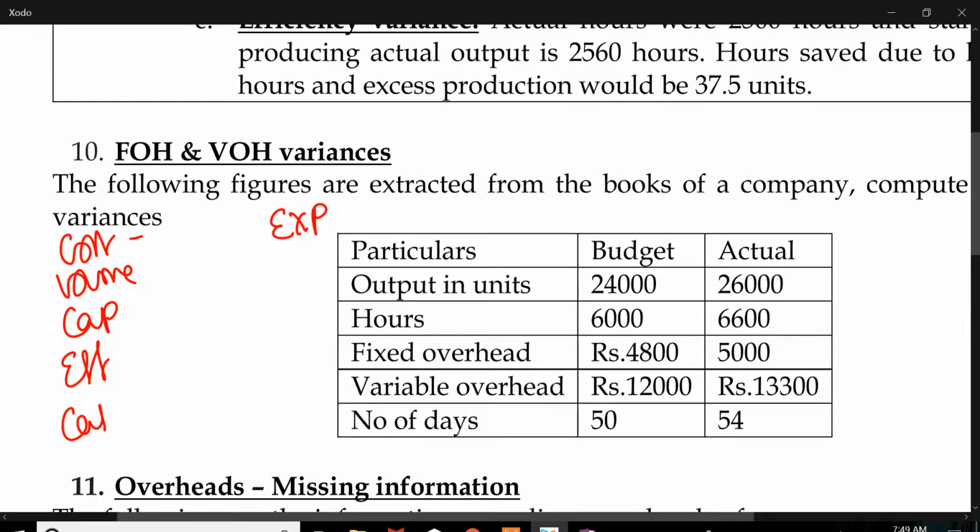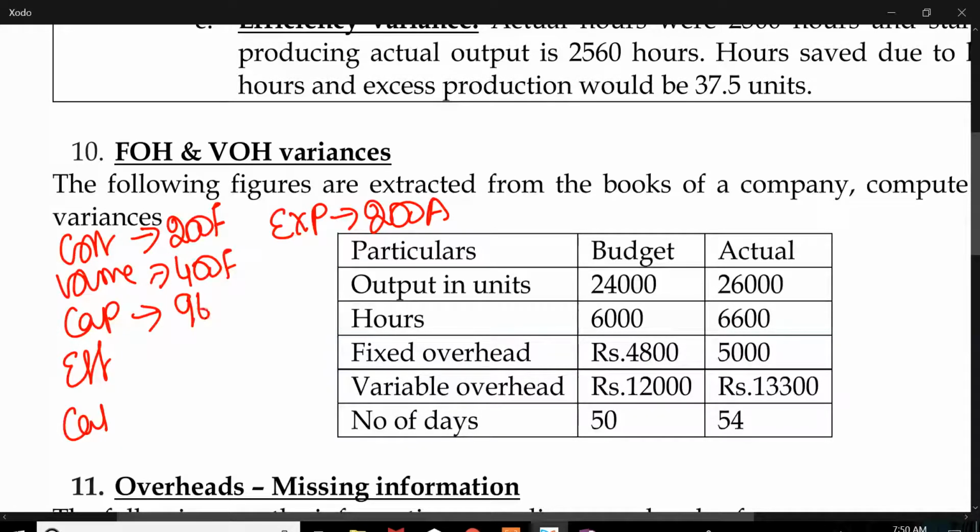Question number 10. For fixed overhead, cost 200 favorable, volume, okay, expenditure 200 adverse, capacity, efficiency, calendar.